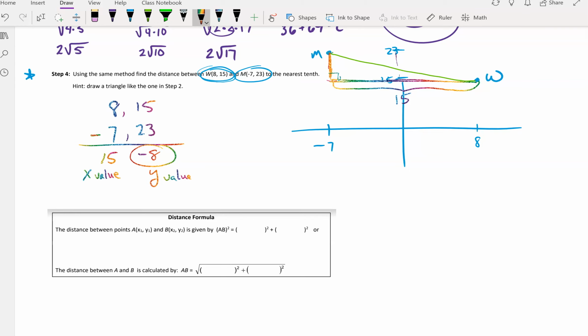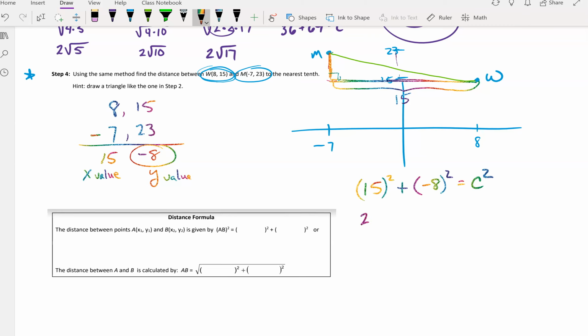Okay, so these values of 15 and negative 8 are going to actually make up the legs of my right triangle. I'm still going to do a squared plus b squared. I'm squaring that negative 8, and that's going to work out just fine because when I square that negative 8, it's going to become positive.